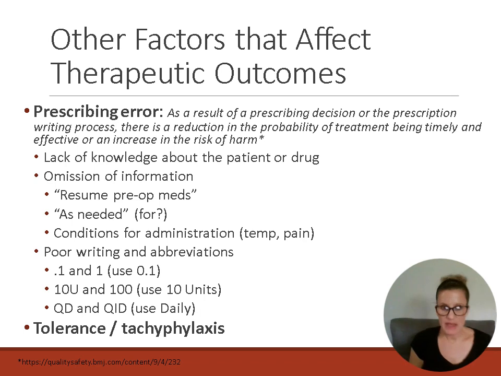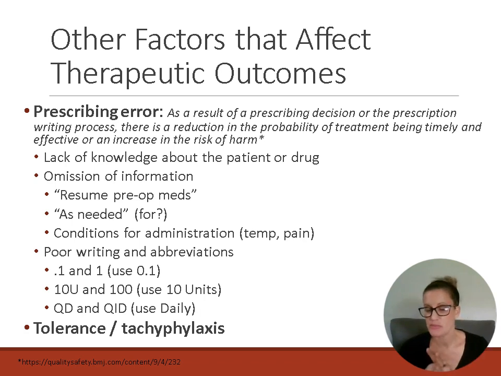So prescribing errors, unfortunately, have a huge impact on therapeutic outcomes. A prescribing error is defined as a result of a prescribing decision or the prescription writing process, there's a reduction in the probability of treatment being timely and effective, or an increase in the risk of harm.